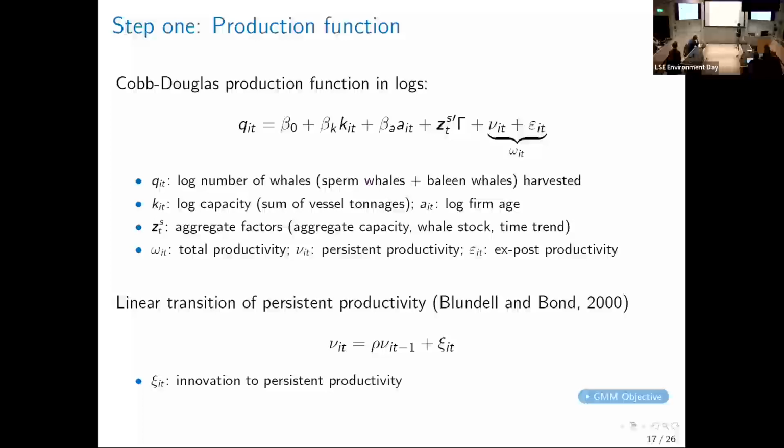And importantly, there's productivity, which is not directly observed by the econometrician. The usual concern is that there will be correlation between decisions and productivity. So I apply a dynamic panel approach by assuming a linear transition of persistent productivity and estimate the production function parameters and the persistence parameter rho.